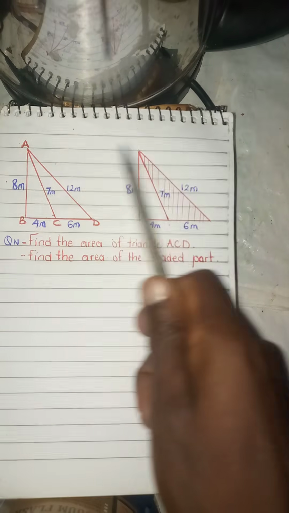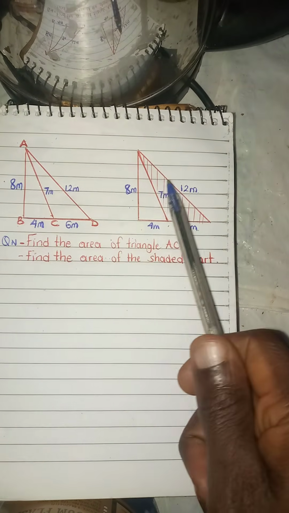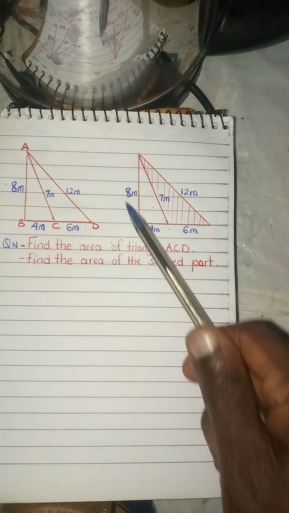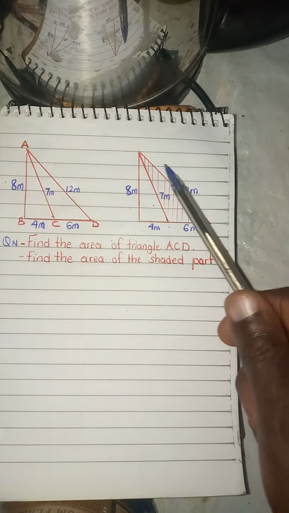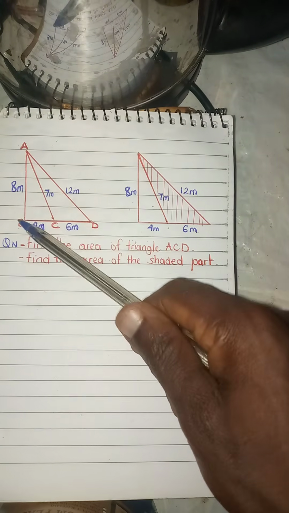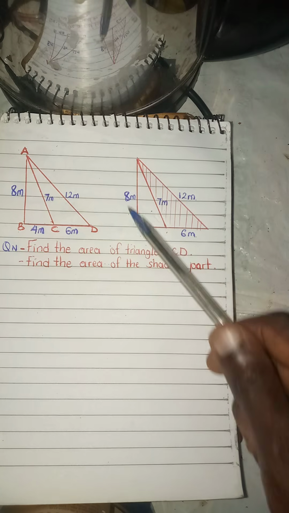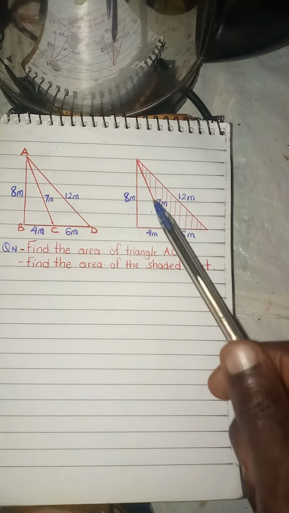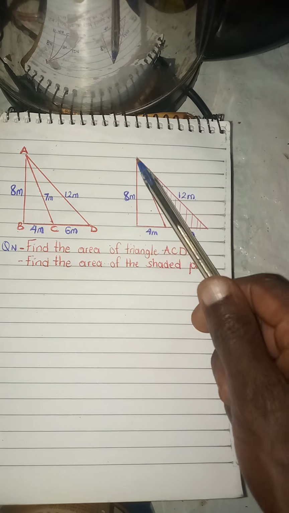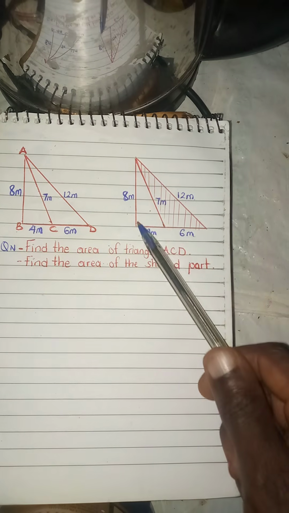Now, if you see these numbers, what comes to your mind is the other method which I gave previously, whereby you first look for the area of the whole outer triangle ABD. After that, you look for the area of the inner, small triangle, which is triangle ABC.